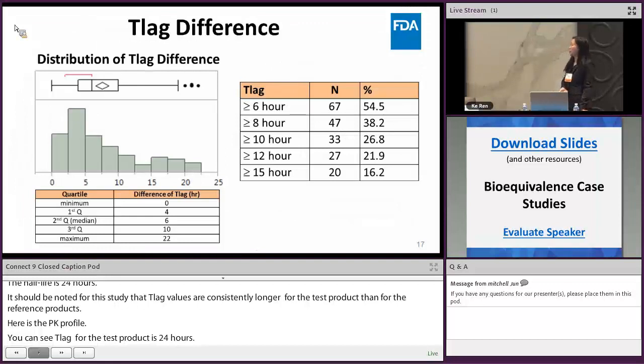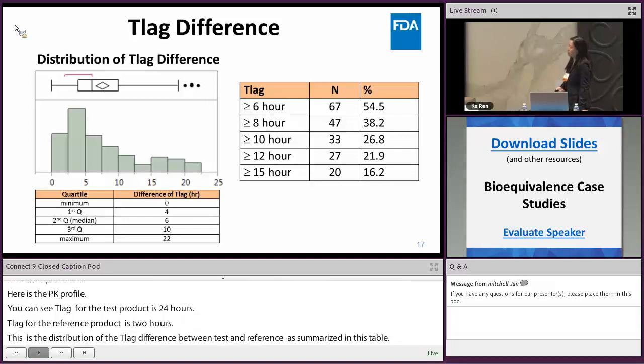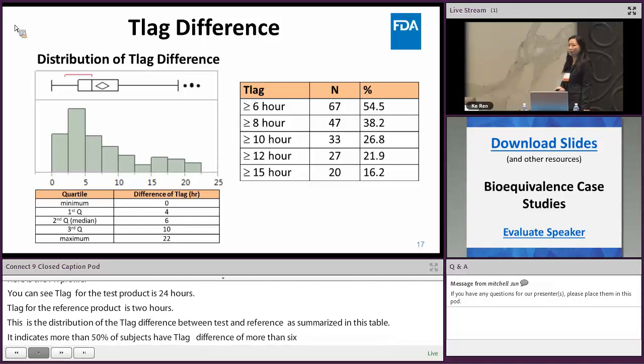The distribution of the Tlag difference between test and reference is summarized in this table. It indicates more than 50% of subjects have Tlag difference more than 6 hours, and 26.8% of the subjects had Tlag difference more than 10 hours.